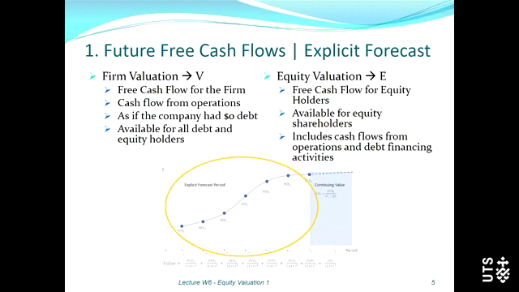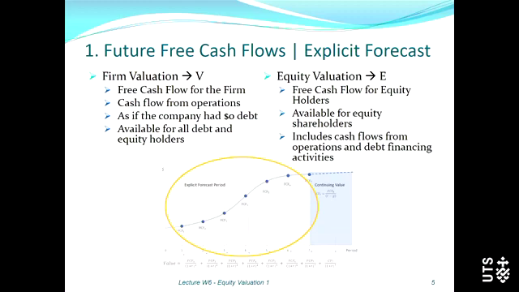So if we want to value the entire firm, we will have to use free cash flows for the firm, right? And one of the things we said about this is that it is the cash flow from operations, and it is available for all debt and equity holders. And it's a theoretical cash flow, in the sense that it is the cash flow the company would have if there was no debt, right?